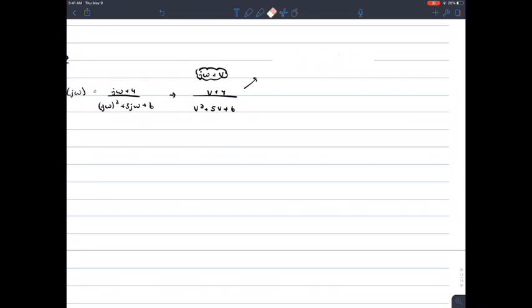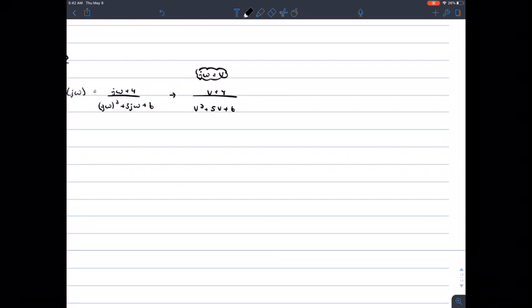Same thing. But it is not improper because this is a power of 1 and this is a power of 2 on the bottom, so we're good to go.